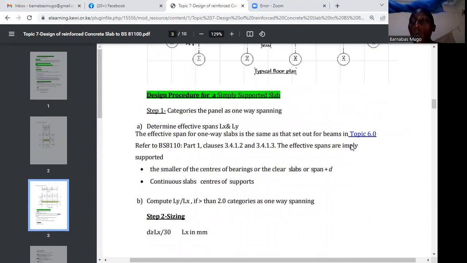First of all, we need to determine the value of Ly and the value of Lx, where Ly is the longer effective span, and Lx is the shorter effective span. So that is the first thing. Then from there, we divide Ly over Lx. If it is greater than 2.0, then our span will be called a one-way span.